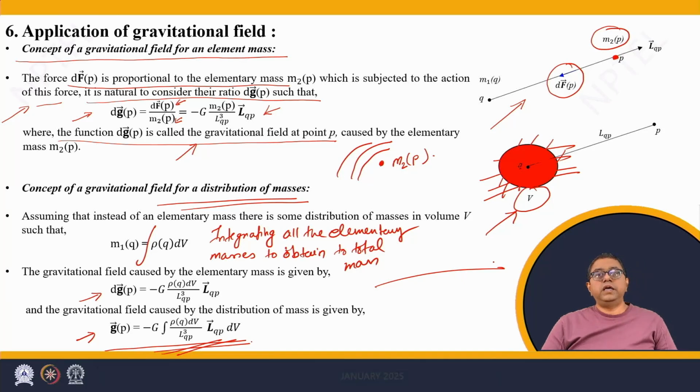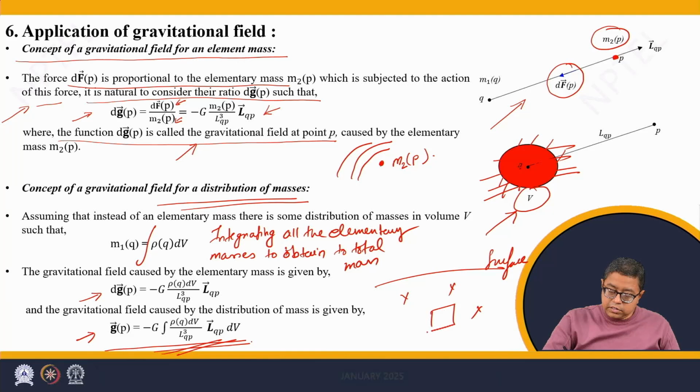For example, if this is the surface and these are various point masses, the combination can be understood as a distribution of mass.